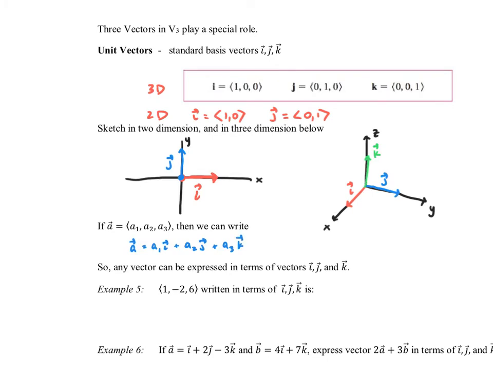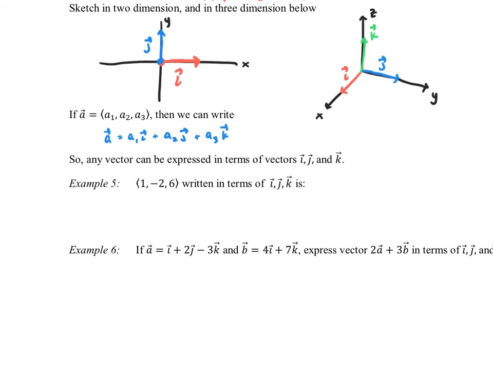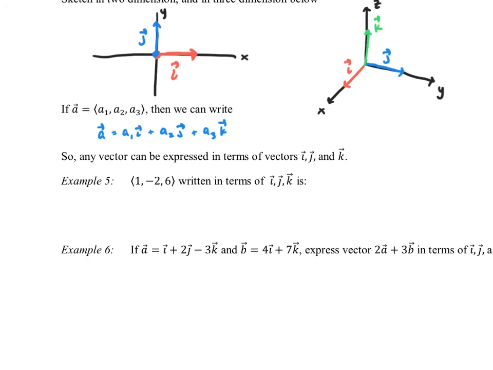I hardly ever do this unless I have to, just because it's more writing. So really, if a question like example 5 says, okay, please do this and write it in terms of i, j, and k, well then, okay, I guess we can do that and get our credit. But again, I typically use the other notation just because it saves me a little bit of time. So anyway, that's what it would look like if you were to use the unit vectors.